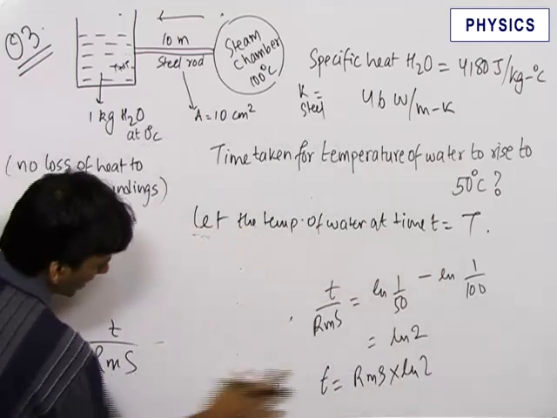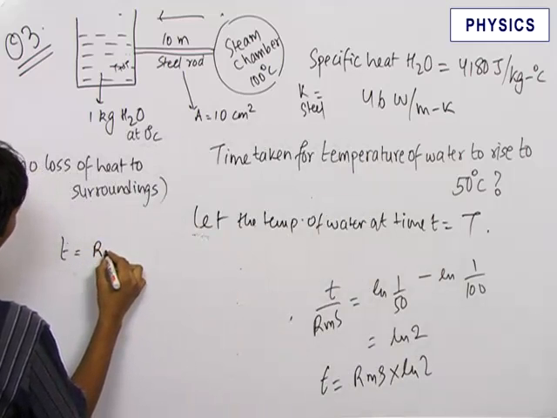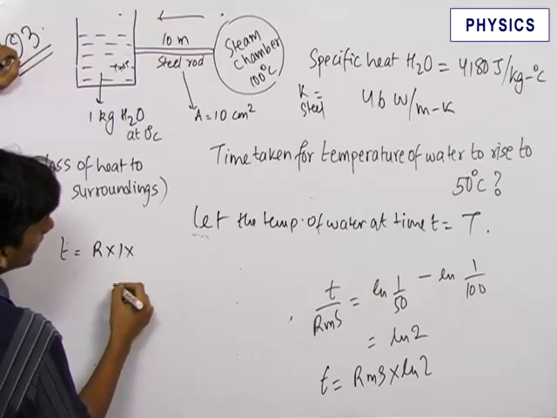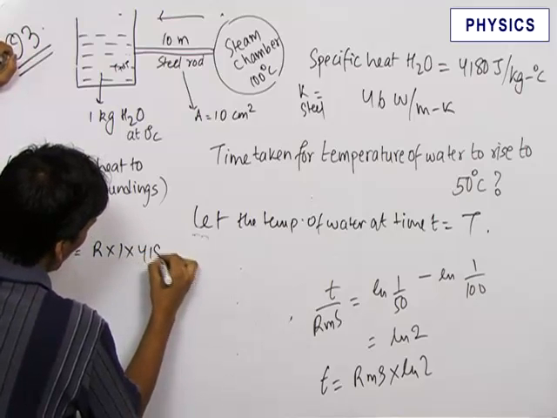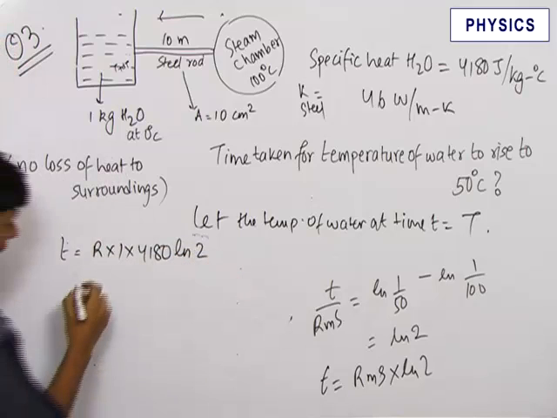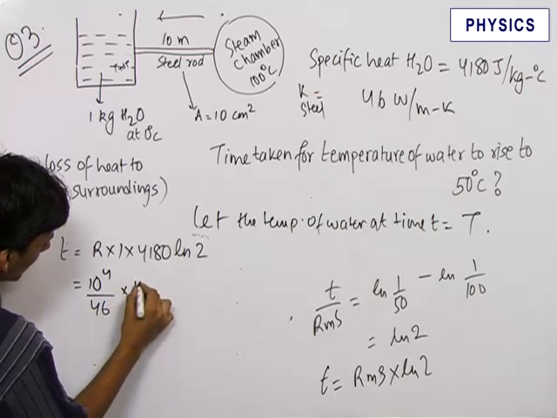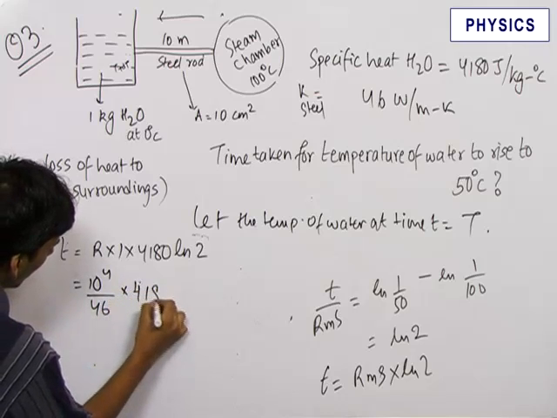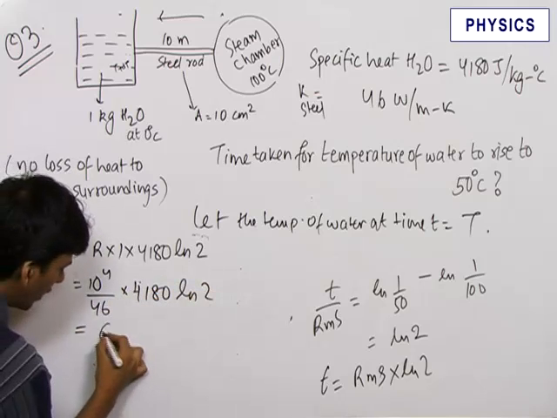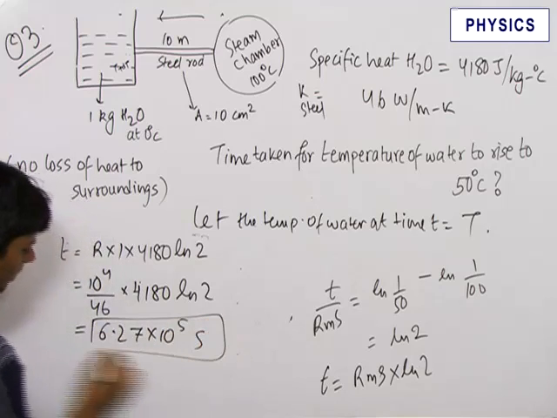So we have got the actual answer, we just need to feed in the values now. t is equal to Rms into ln 2, the value of mass of water is 1 kg, specific heat of water is given to be 4180 into ln of 2. Now the value of R was 10 raised to power 4 upon 46, therefore multiply this by 4180 ln 2 to get our final answer as 6.27 into 10 raised to power 5 seconds.